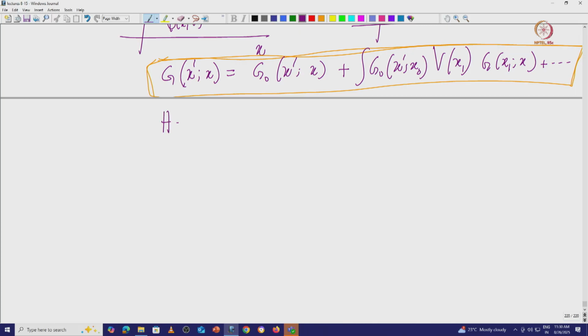Now the Schrodinger equation contains, let me write it in this particular fashion, the del square operator.